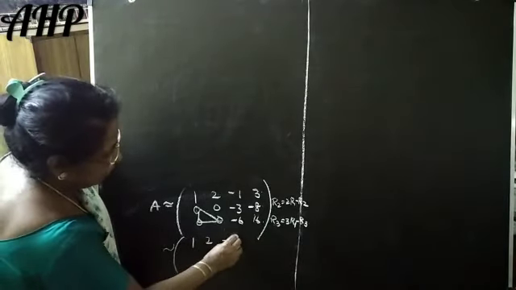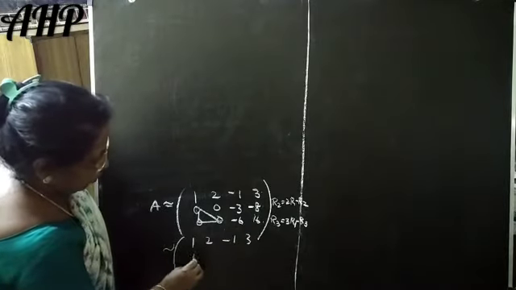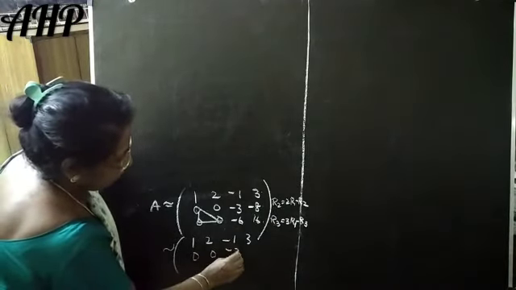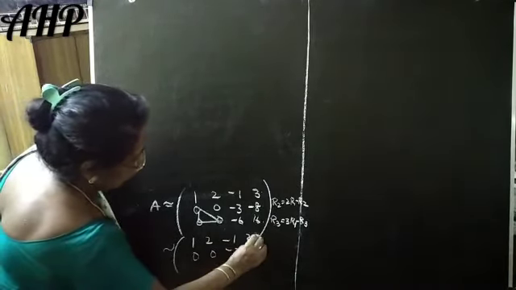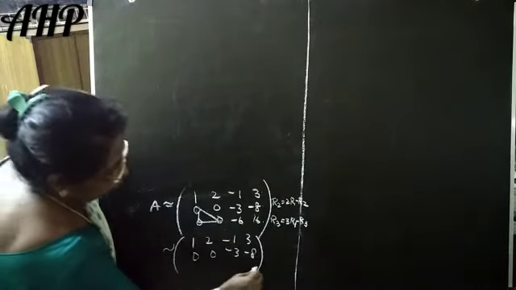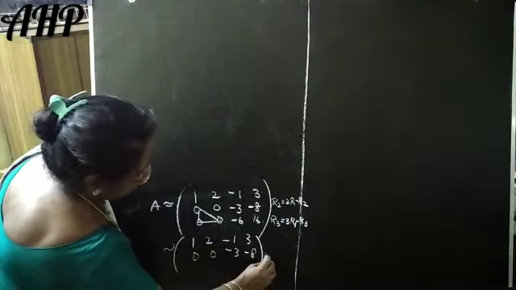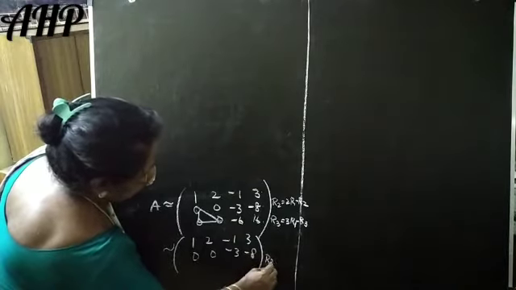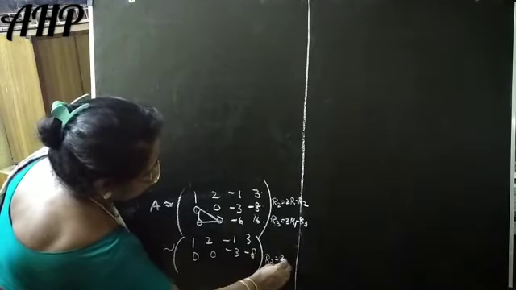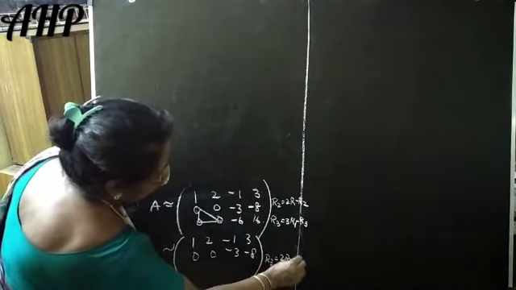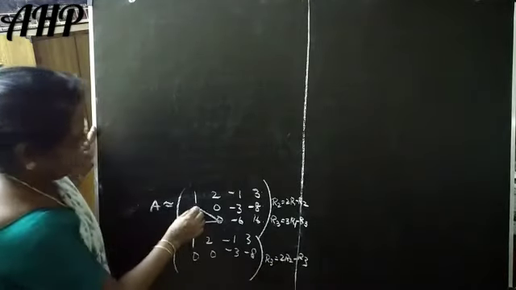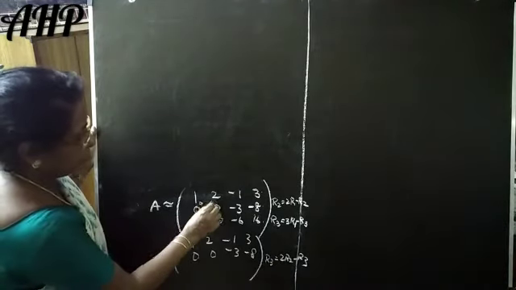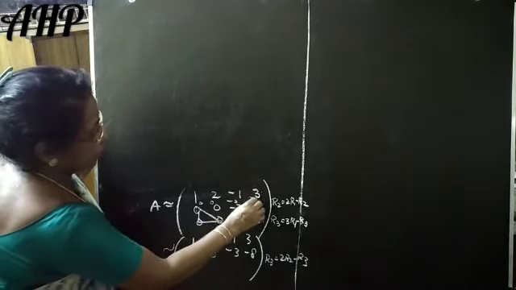First row you leave as it is. Second row also as it is. Now third row you can multiply. R3 can be written as 2R2 minus R3. Then this place will be 0, 0, minus 6, minus 16.